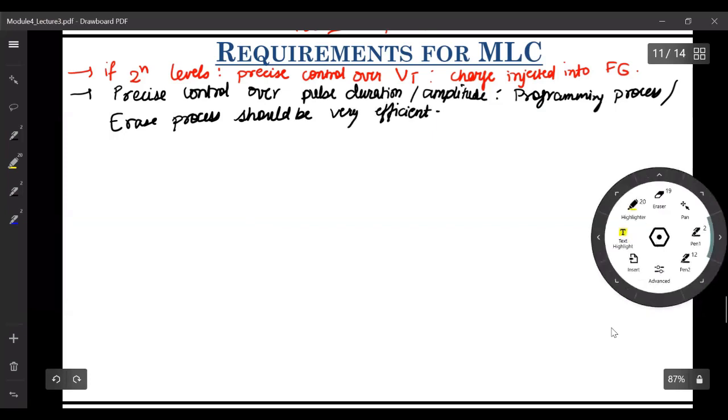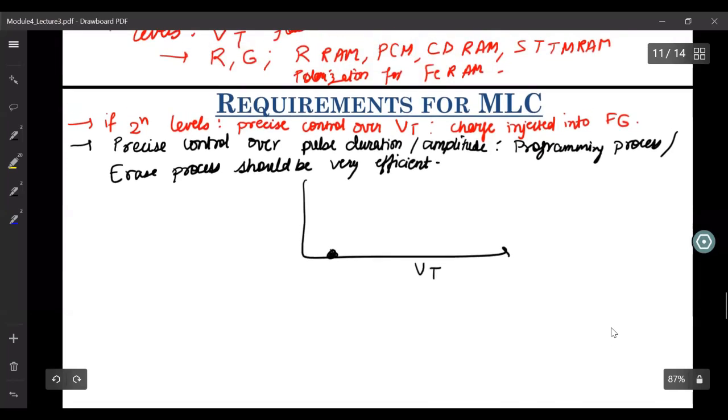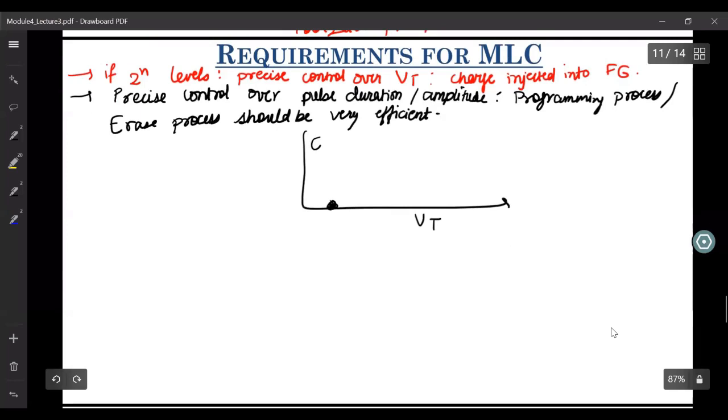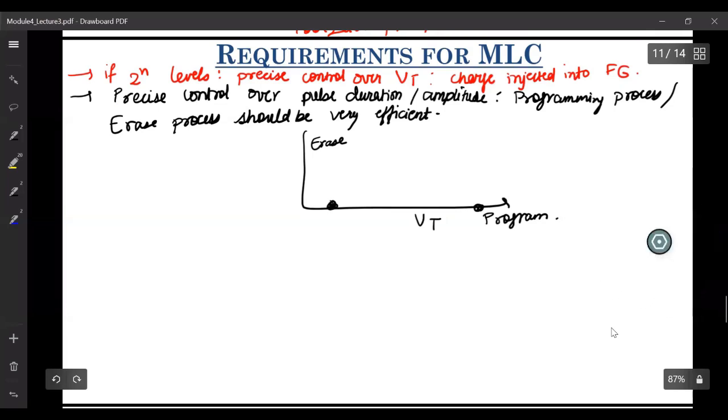So how people achieve this multi-level capability is, let's say we are having the threshold voltage on the x-axis. Let's say this is the threshold voltage for your erase state, and this is the threshold voltage for your program state. So what is the memory window? This is your memory window, right?